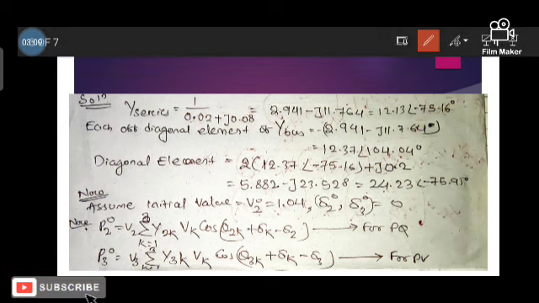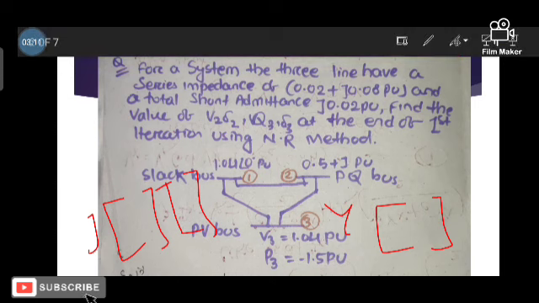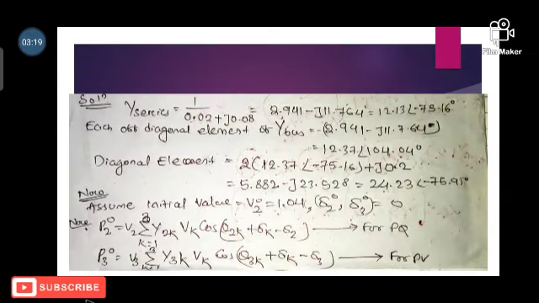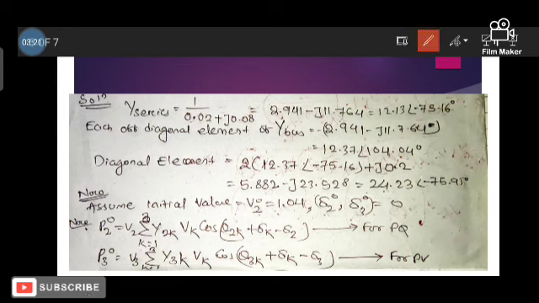First, the impedance is given but no admittance is given, so we need to convert the impedance to admittance. We know the formula: admittance is equal to 1 by impedance. Putting here 1 by (0.02 plus j0.08), after calculating you get the real part and the imaginary part.